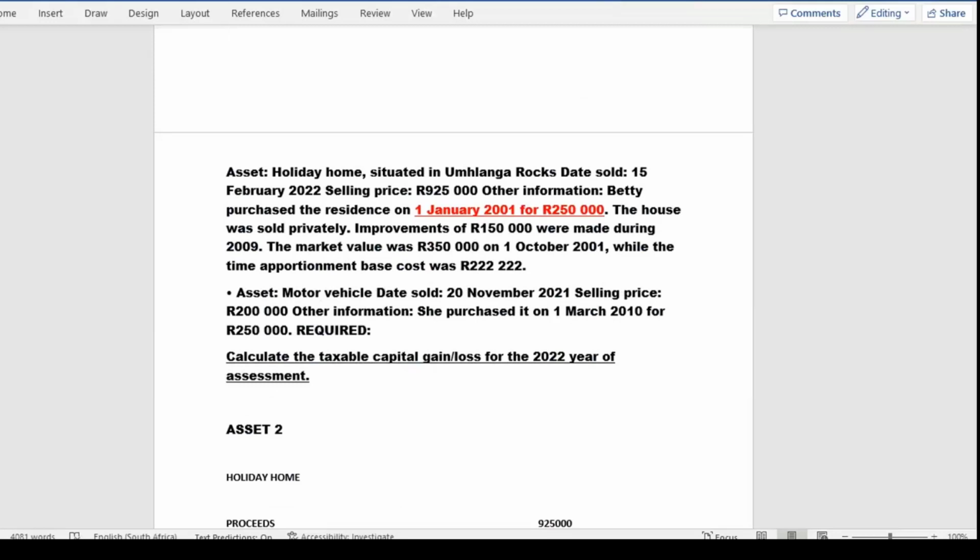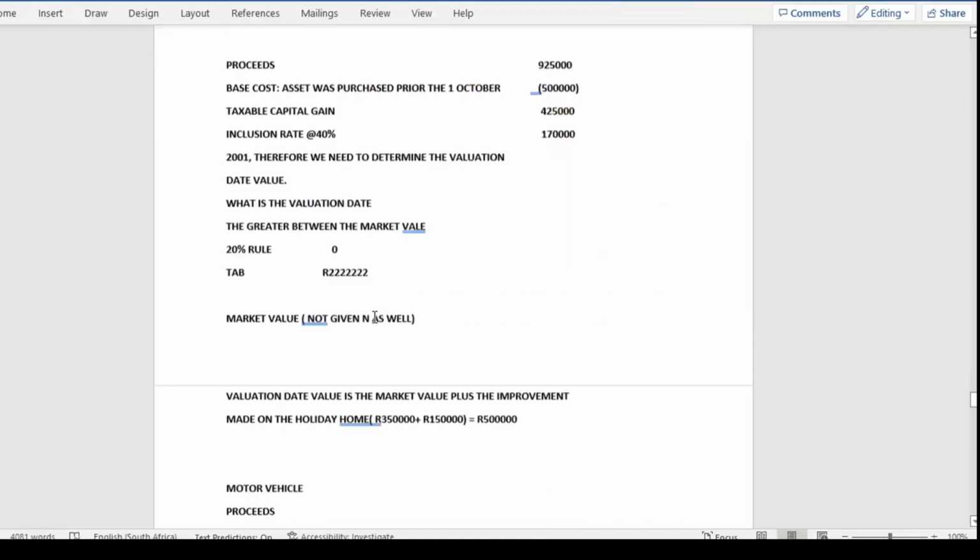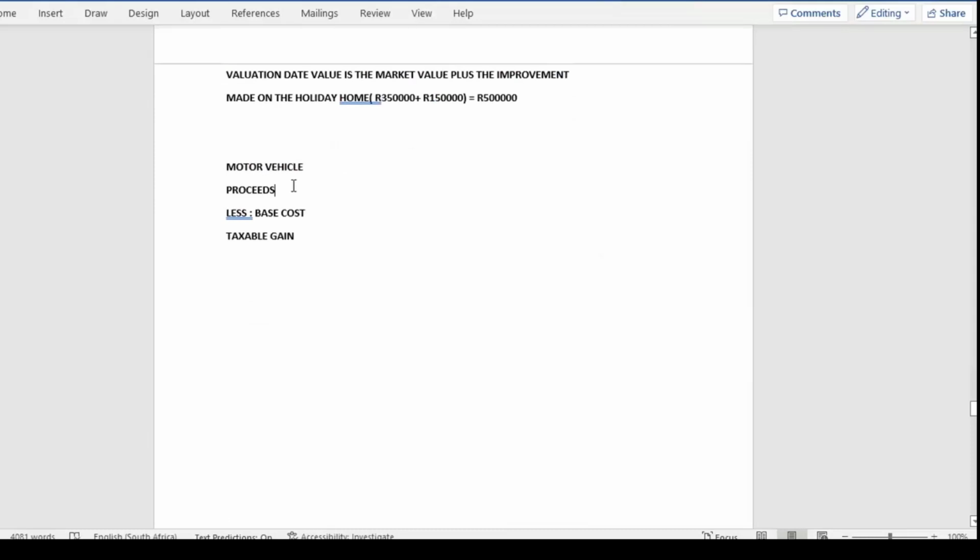Selling price 200,000. She purchased it for 250,000 rand. Your proceeds will be 200,000 rand, and your base cost will be 250,000 rand in the brackets.